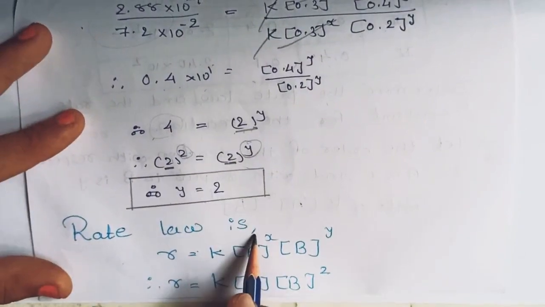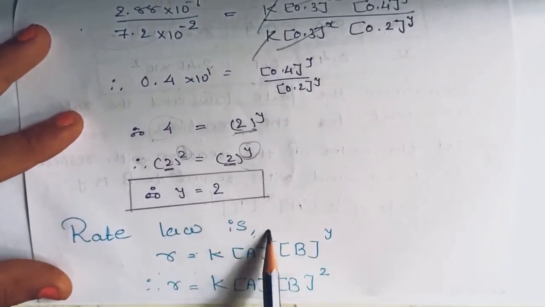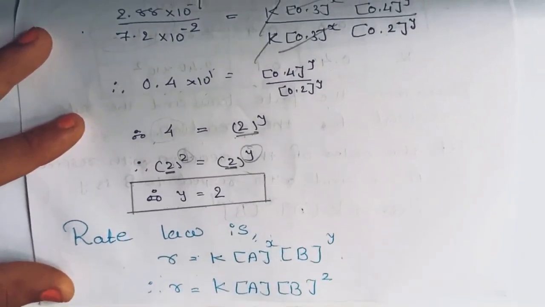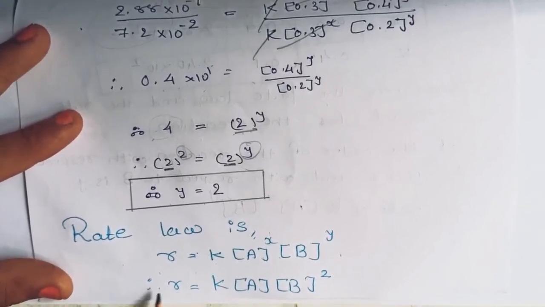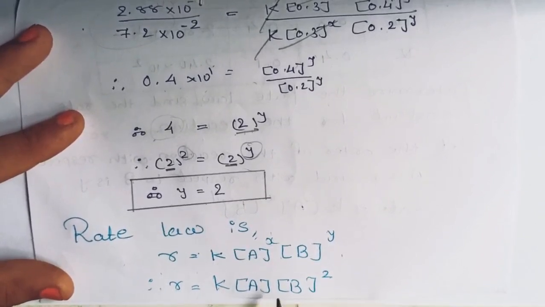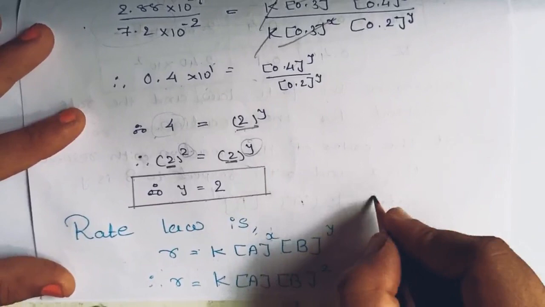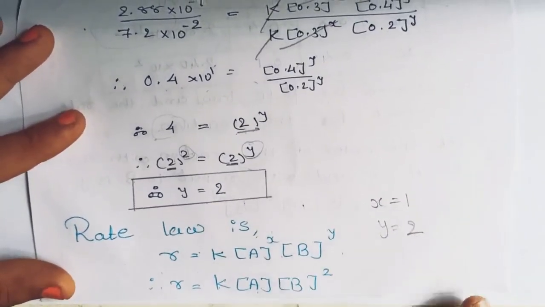Now our rate law, we suppose, is r equal to k, A to the power x and B to the power y. You found the values of x and y. So replacing those values, the rate law for this particular reaction is r equal to k, A to the power 1 and B squared, because x equals 1 and y equals 2.